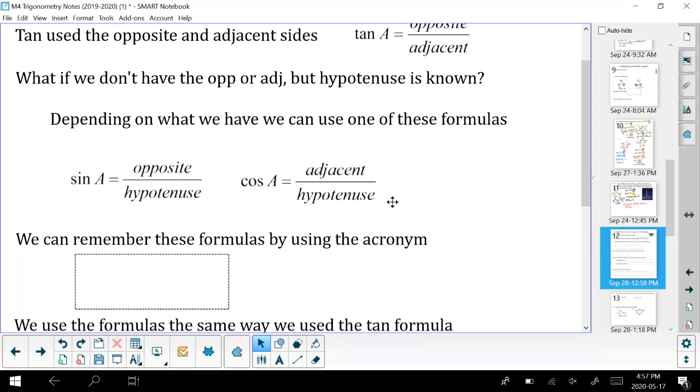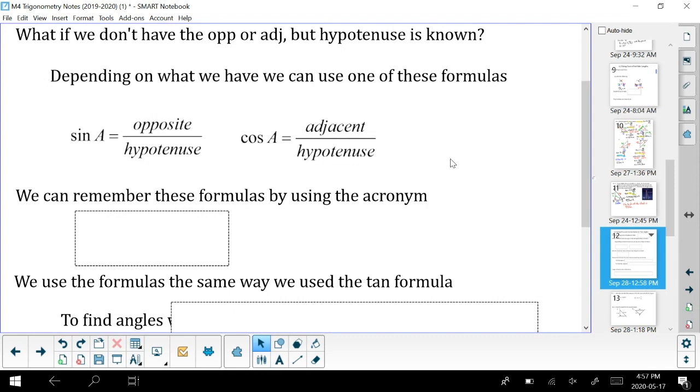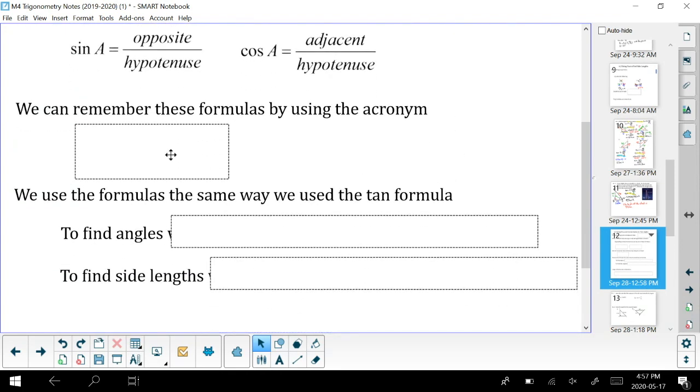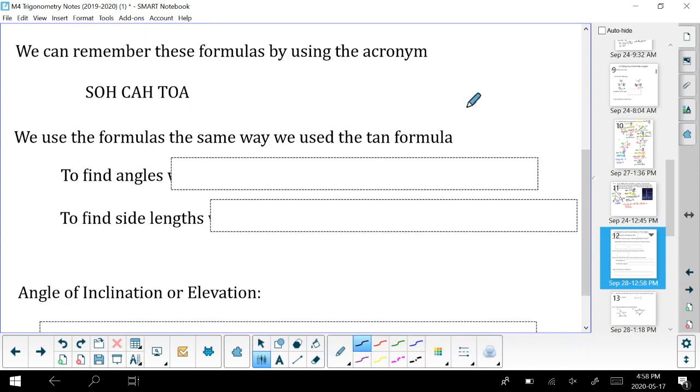It seems like it's going to be fairly difficult to memorize these formulas, but we can use the acronym SOHCAHTOA to help us memorize each one of these trig ratios. A cool way to write down SOHCAHTOA to help you remember what goes where is by doing this.